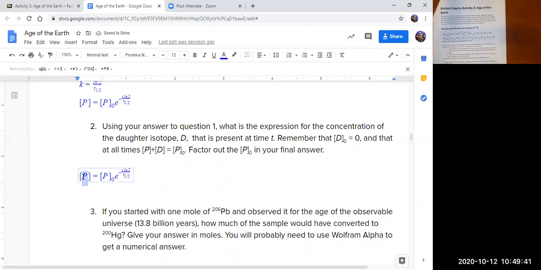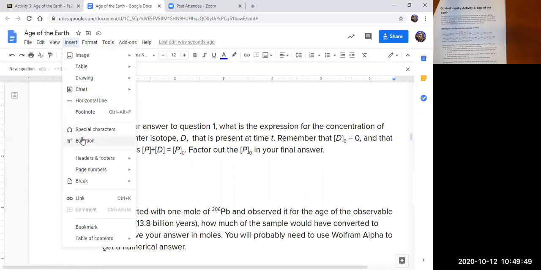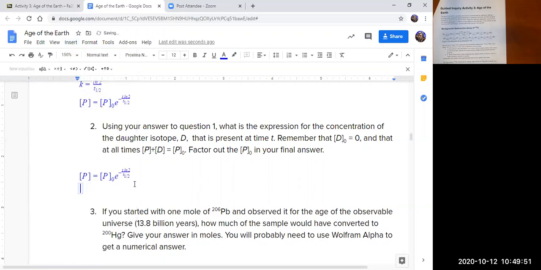and we notice that we have the parent isotope here, so that's what we're going to want to substitute out. So equation, insert an equation. So I'm just writing down what we have, and we need a subscript.